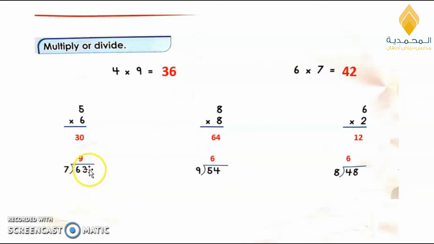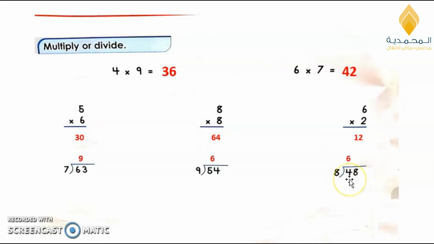Now, 63 divided by 7. Think, what is the number? If I multiply it by 7, it will give me 63. Yes, it is the number 9. So 63 divided by 7 equals 9. 54 divided by 9 equals, yes, 6, because 6 times 9 is 54.